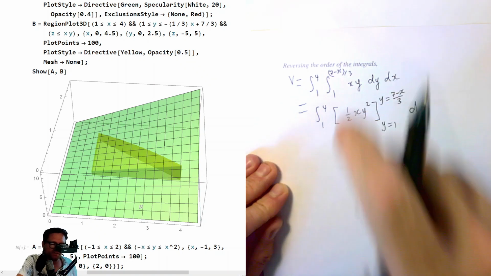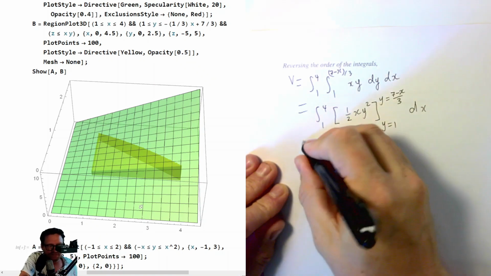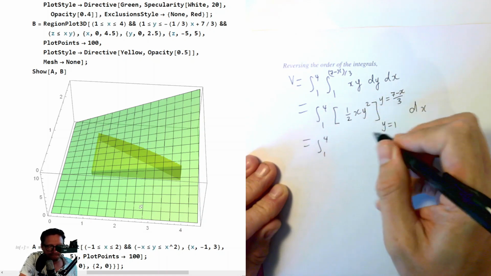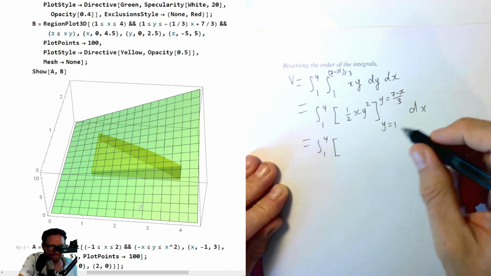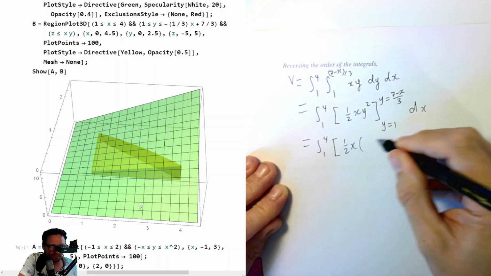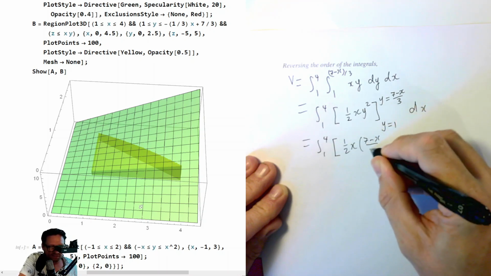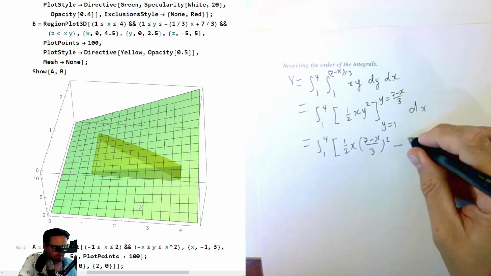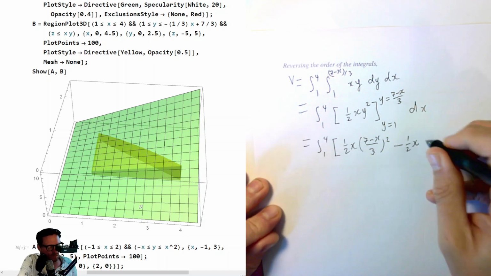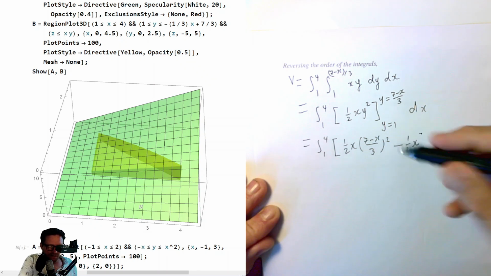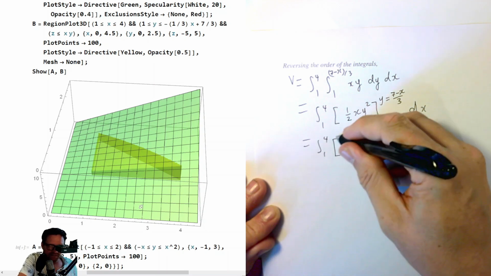So we've got to sub these two values in for y and take a difference. So 1/2 x times ((7 minus x)/3) all squared. And then we're subtracting 1/2 x times 1 squared. Now at this point I've subbed it in, so I really want round brackets here.